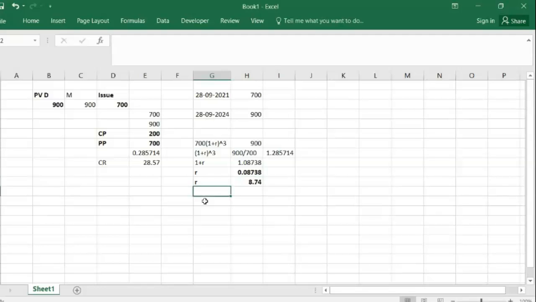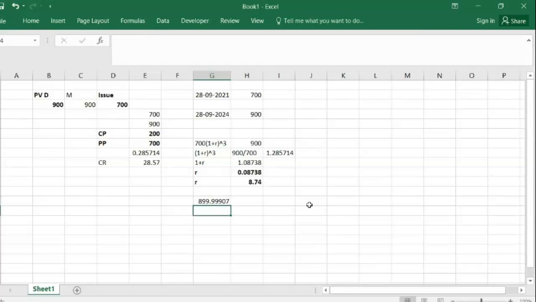Similar to this, if you do the calculation, you may get the same result. For example, take the principal amount as 700 rupees multiplied by 1 plus r, which is 0.08738, to the power 3.